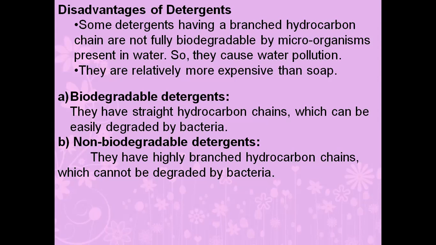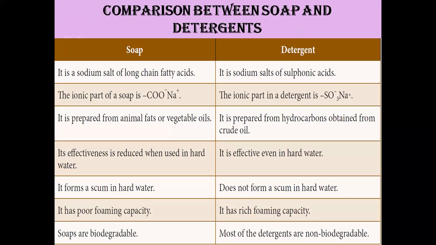So it is easily degraded by bacteria, but the non-biodegradable detergents cannot be degraded by bacteria. It is highly branched hydrocarbons, but biodegradable detergent is a straight hydrocarbon and non-biodegradable detergent is a branched hydrocarbon.